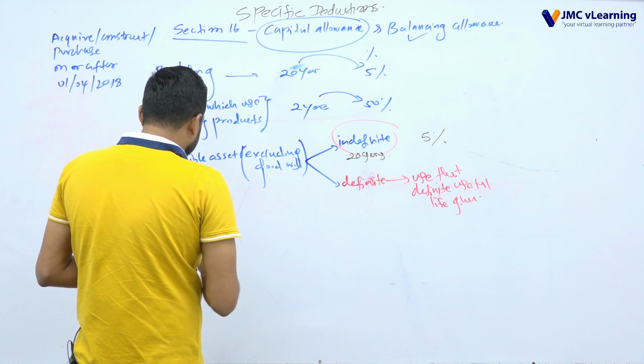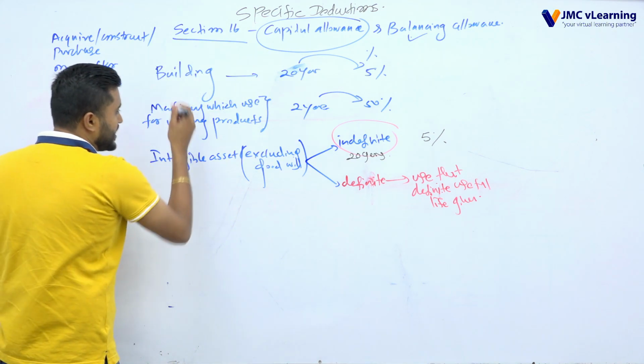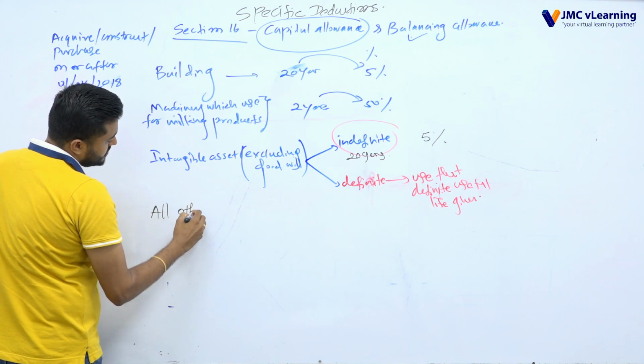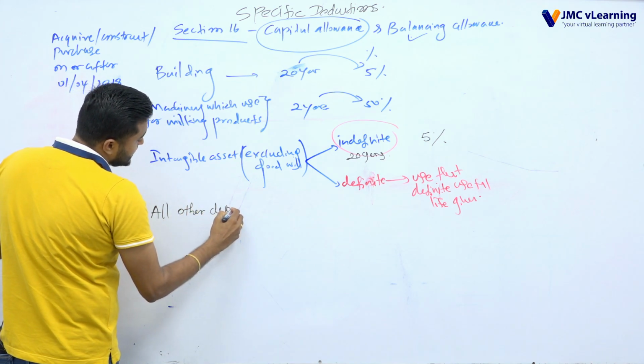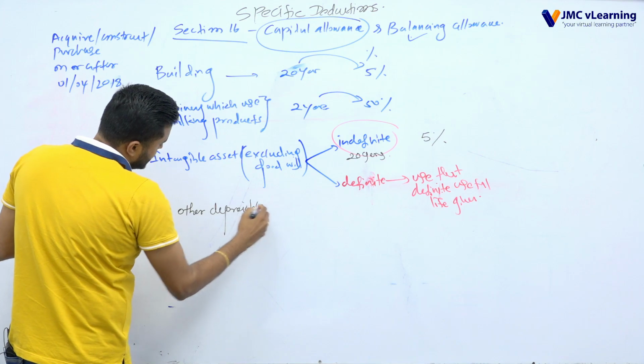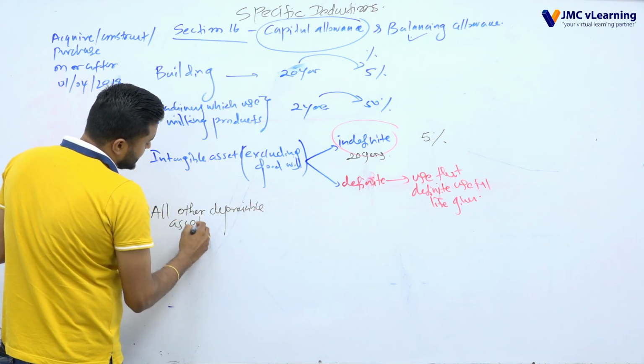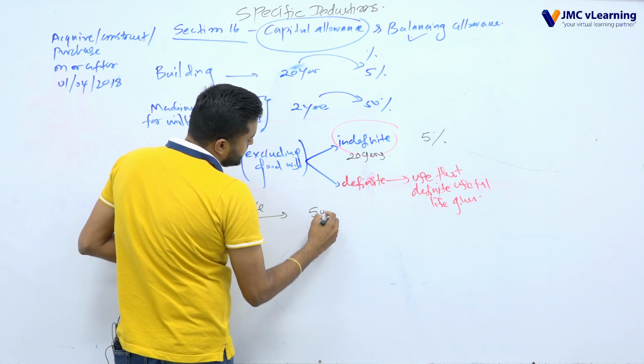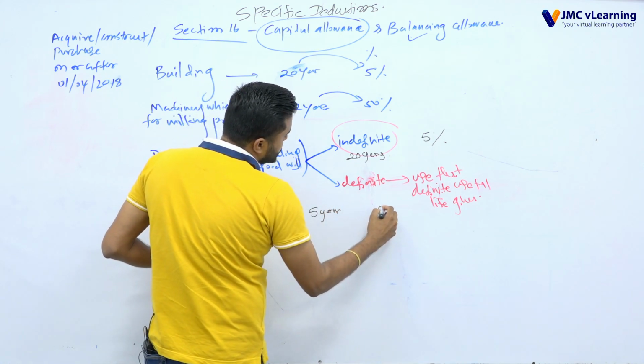So other than all these three, all other depreciable assets, that is 5 years, my dear student, 20%.